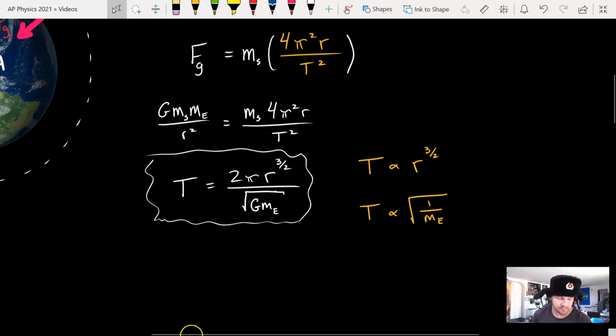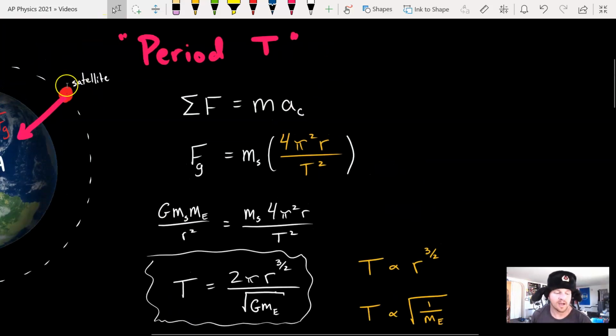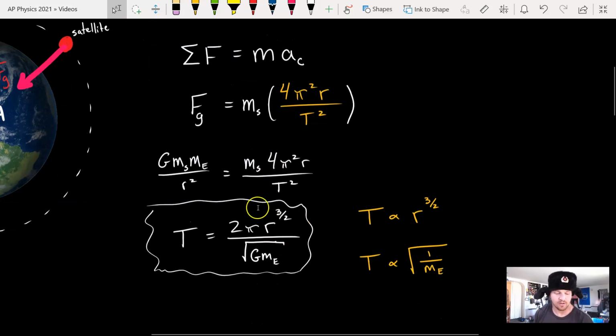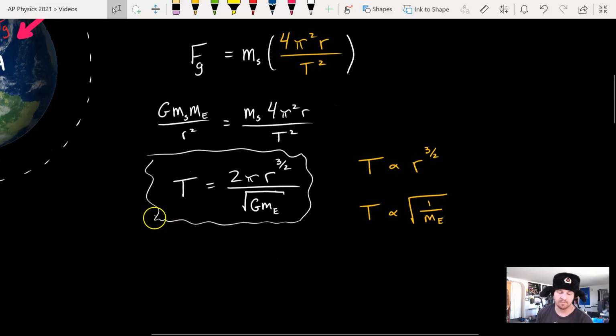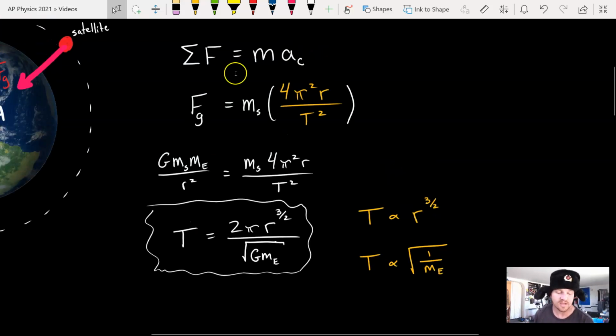If I made this satellite 4 times as massive, if I changed the mass by anything, the period would stay the exact same, because the mass of the satellite has nothing to do with it. So this is the equation we're going to use to go through some examples, and this is how we derive that equation. Same process, it's just that now we use a different equation for our centripetal acceleration.